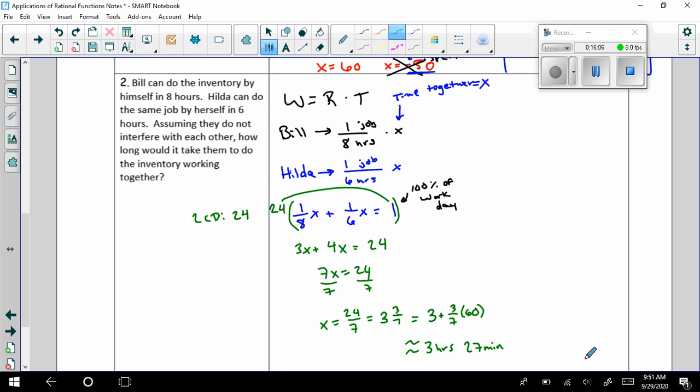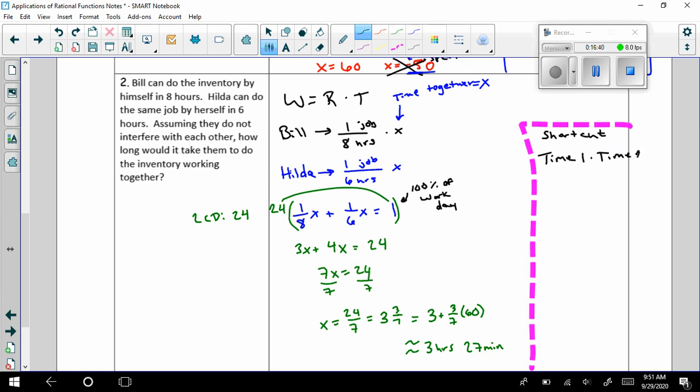Okay. Now, there is a shortcut to this that we can run through real quick. And so this is where the formula comes from. But this is your shortcut. You can just do time 1 times time 2 divided by time 1 plus time 2.